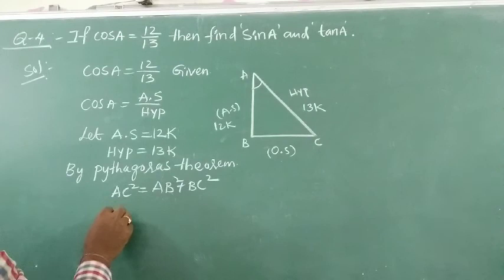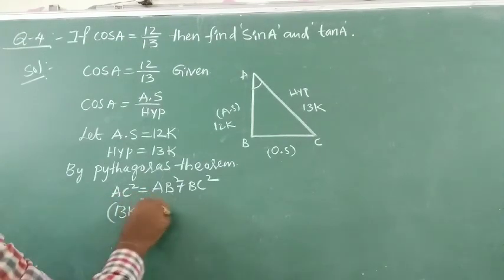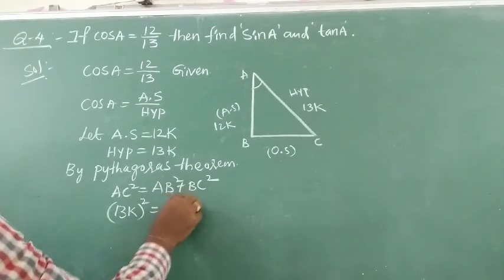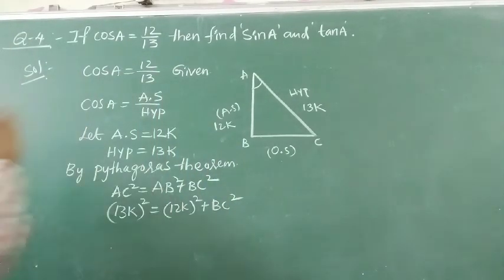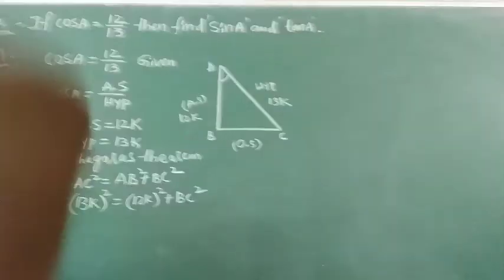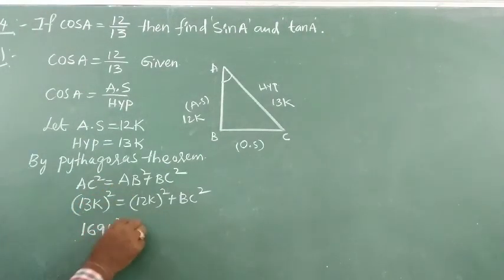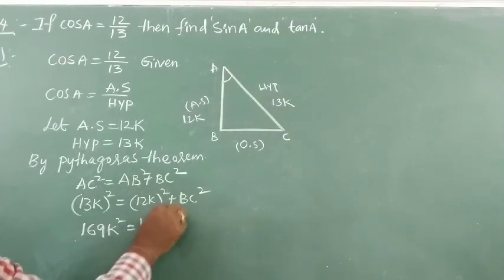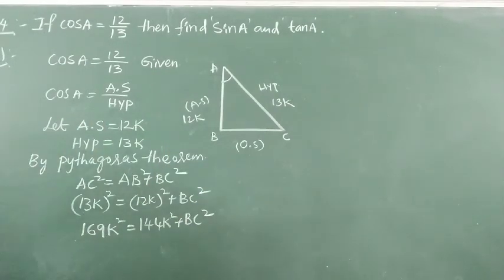Here AC hypotenuse is 13k whole square equals AB 12k whole square plus BC square. So 13 square value 169 k square equals 12 square value 144 k square plus BC square.